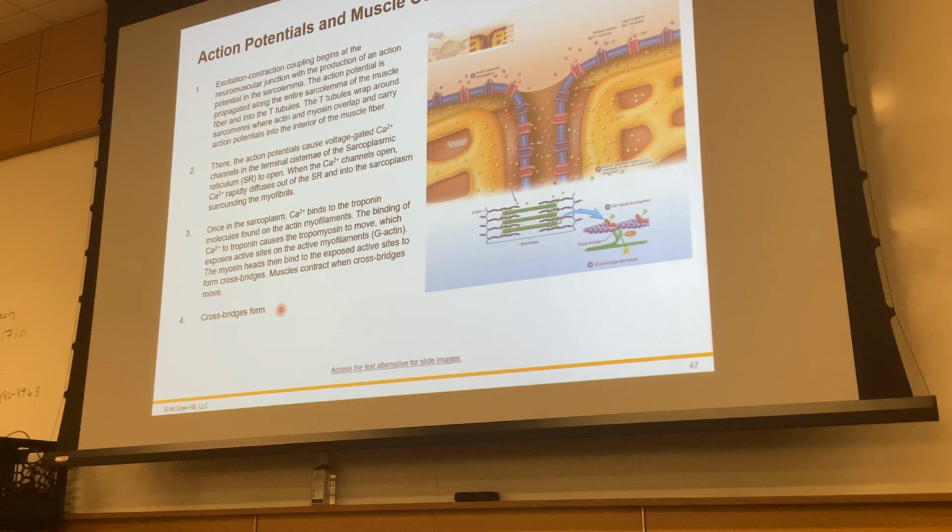Yes, I have. So I definitely talked about all of this stuff. Cross bridges form when the troponin-tropomyosin complex moves off the active site of actin, and the myosin head then can grab the actin. When it grabs the actin, then a contraction happens.